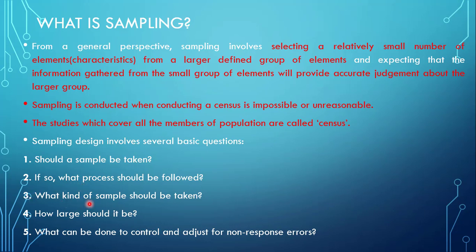The third question that you need to address is what kind of sample should be taken or included in your study. There might be different samples with different characteristics, so you need to understand which characteristics should be included. For instance, you could categorize your samples in terms of age and gender.